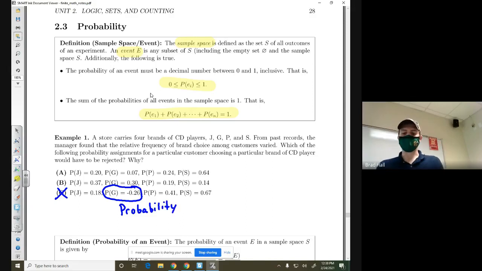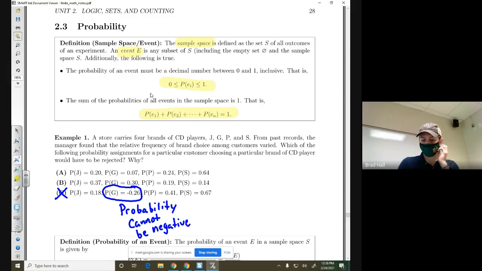The way we would interpret that is there's a negative 26% chance of that thing occurring. That doesn't make any sense. We cannot have negative probability. So that's for part C.